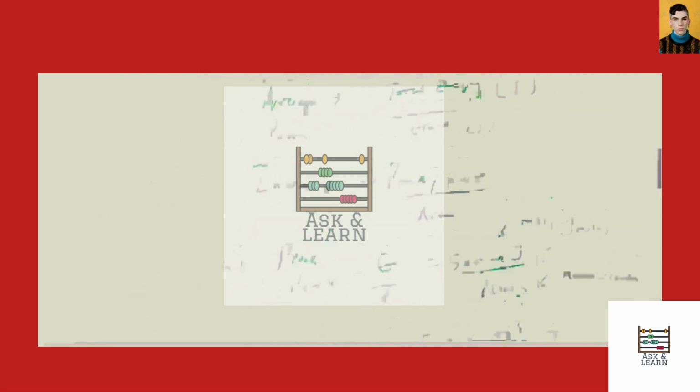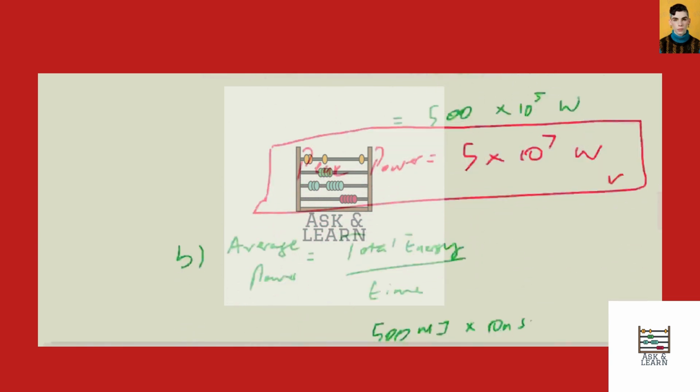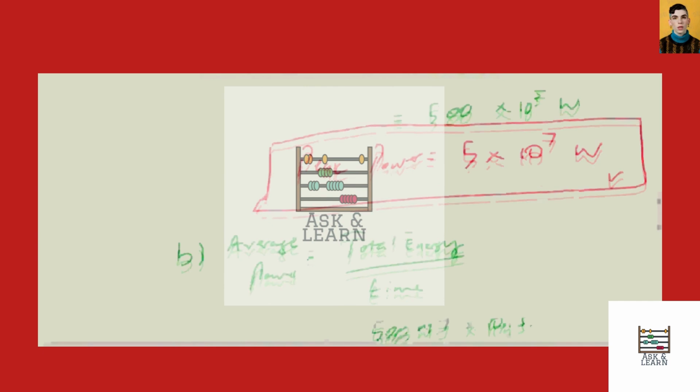The first thing is to get the peak power, which is just the energy over the time, and that's in joules per second, 5 times 10 to the 7 watts. And then we had to resolve the total energy relative to the time, and that's going to give us 5 watts, the average power.